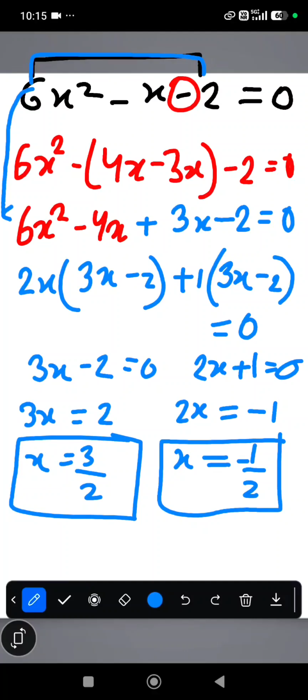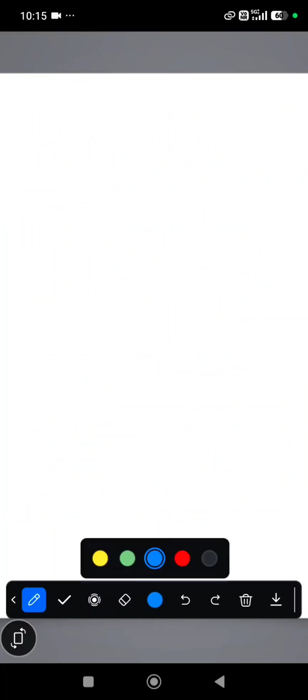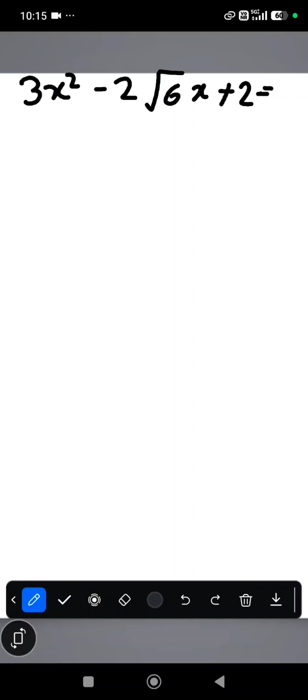Okay, next question: 3x² minus 2 root 6 x plus 2 equals 0. So see, 3 twos are 6.